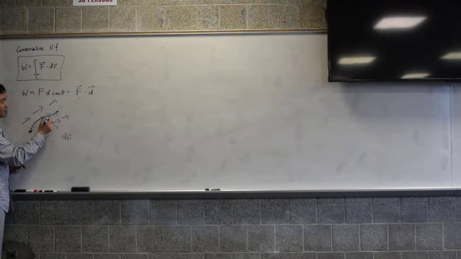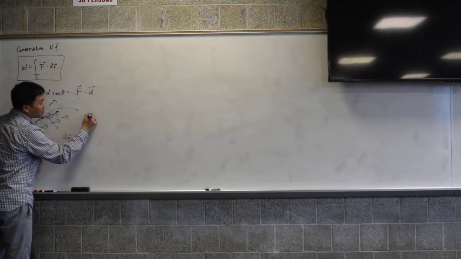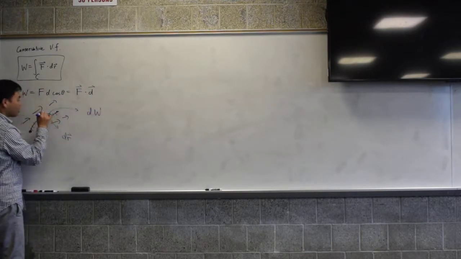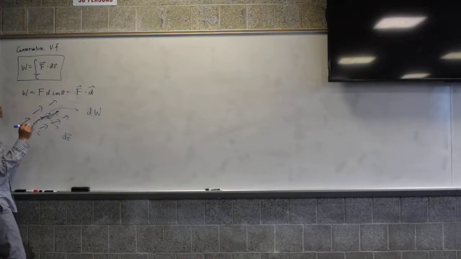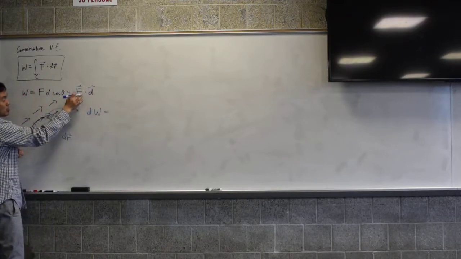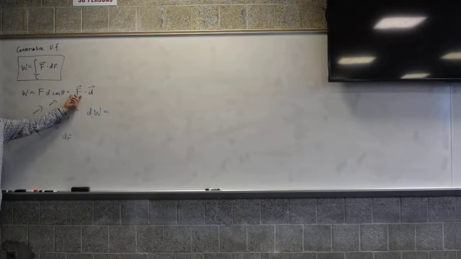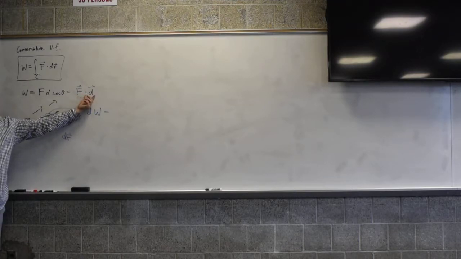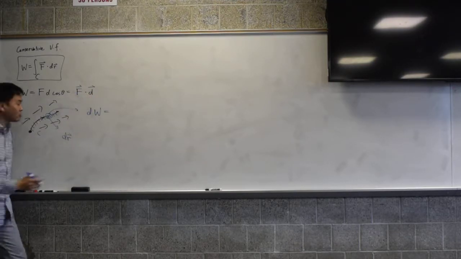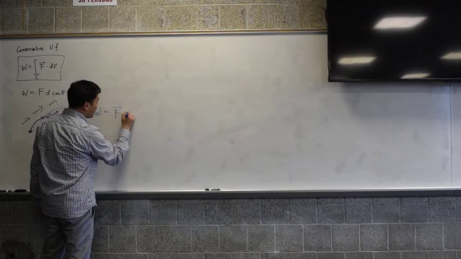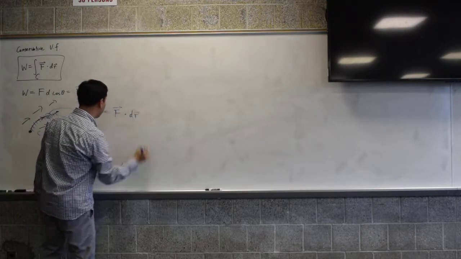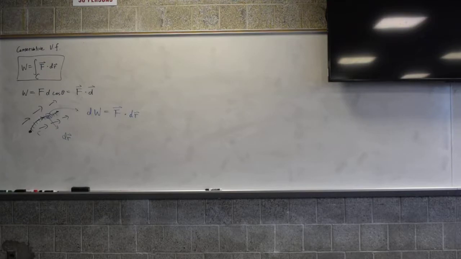So at least here, we can talk about the small amount of work done on this small interval, and that's the same as using this formula. We can use this formula because F is almost a constant, and this is very small. It's almost a straight path. Okay? So we can say it's F dot dr. Okay? Now, how would you find the entire work then?